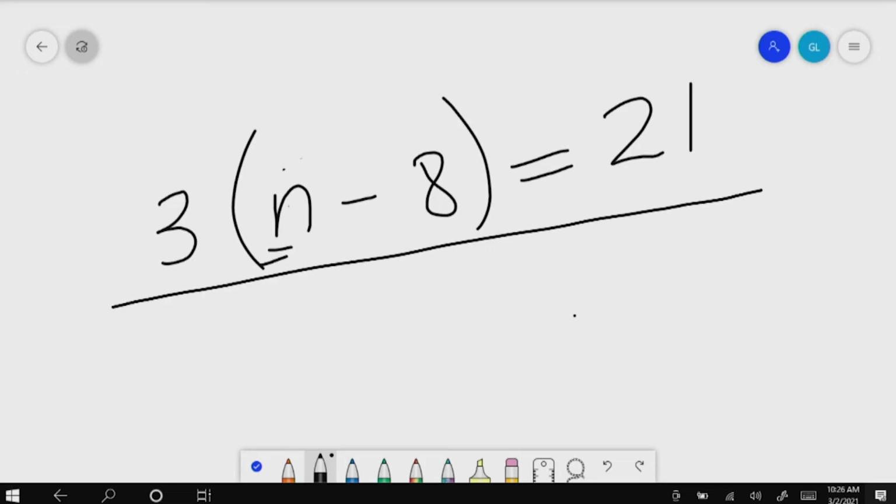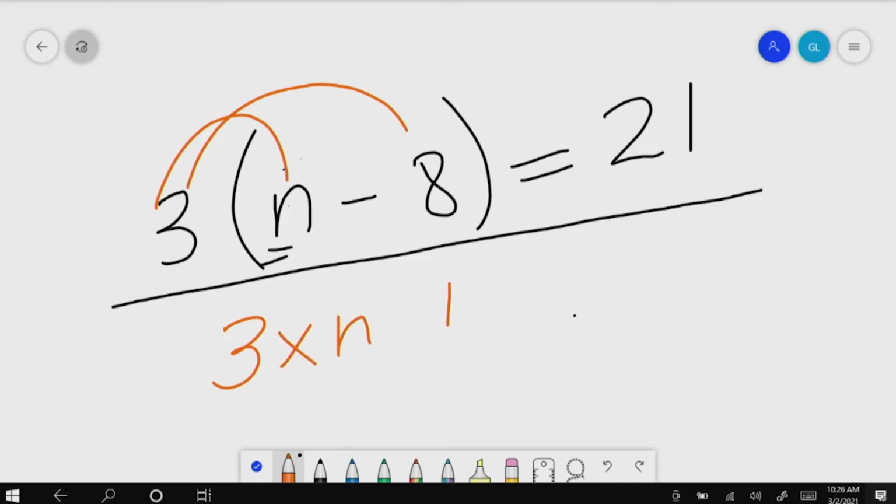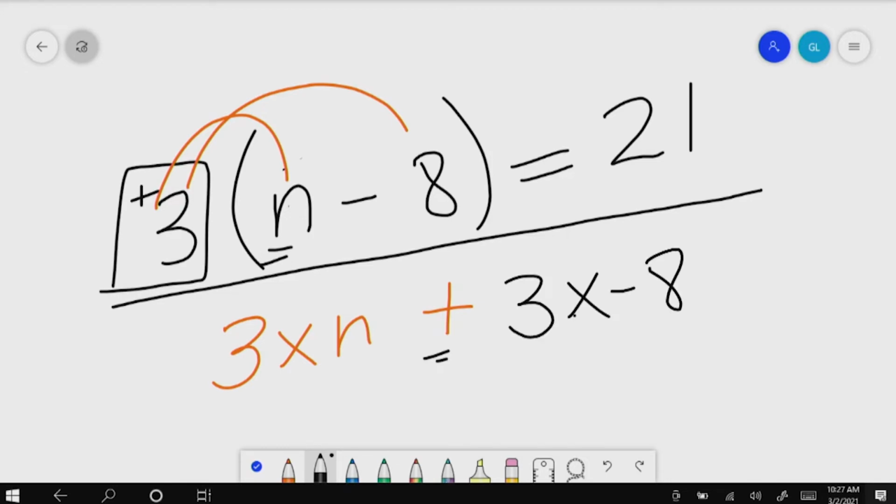Now here we have a linear equation and we can solve for that number by removing the brackets. It's our first concept. So this would be 3 times n plus, and we get this plus because this value is positive here. So that's where this plus sign comes from. Plus 3 times minus 8 should equal 21.